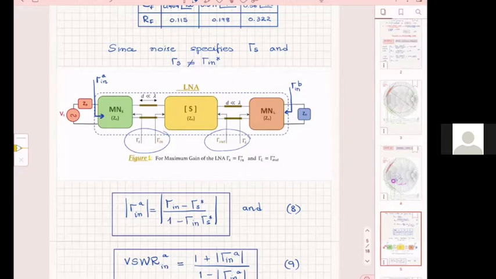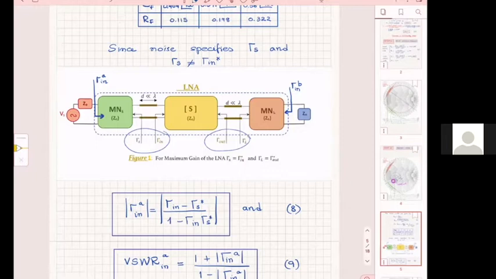Make the transistor stable, make the gain high, make the noise low. By selecting gamma S and gamma L, we achieve those three things: stability, gain, and noise.